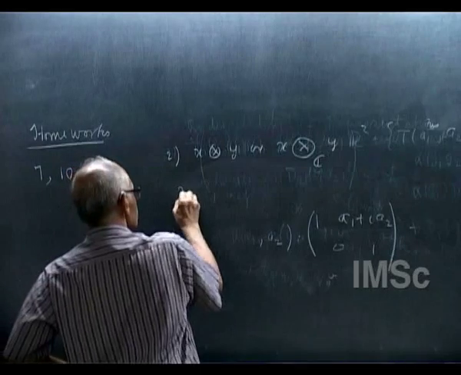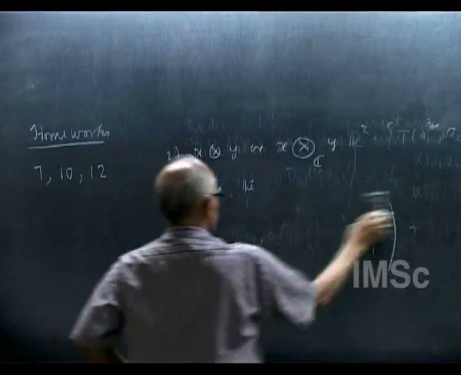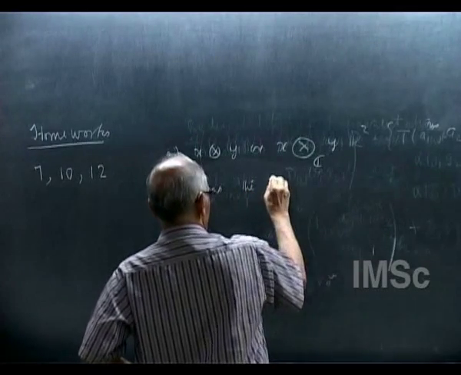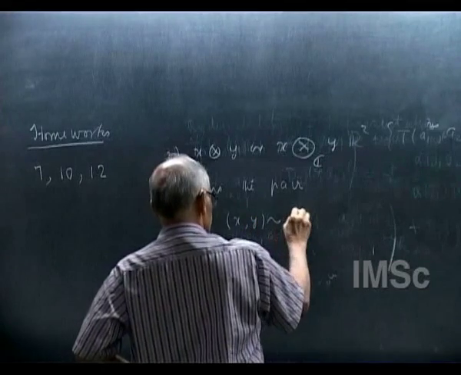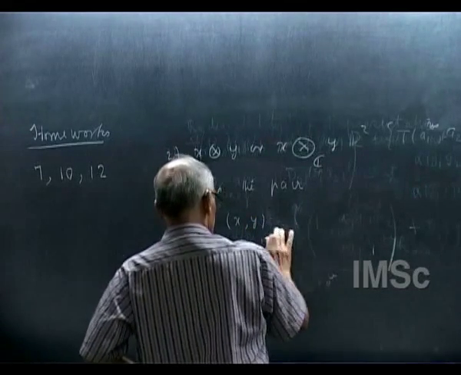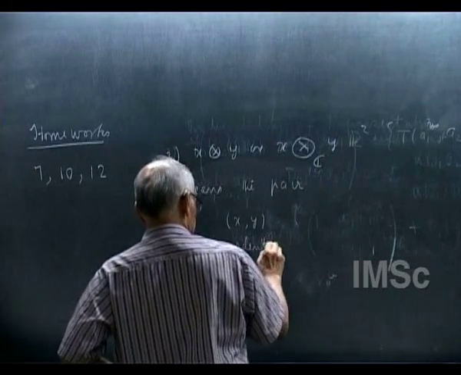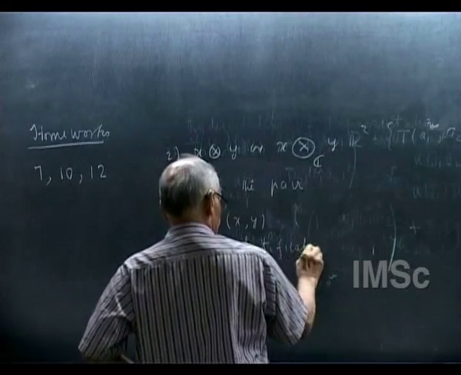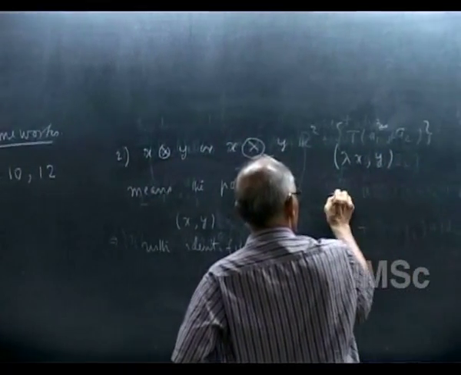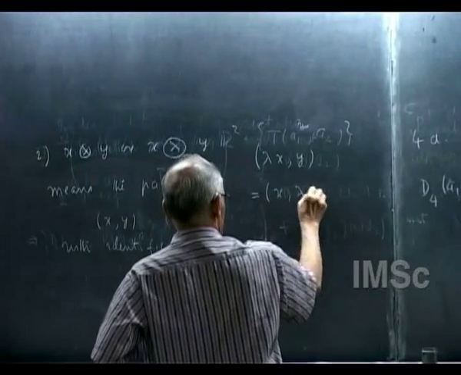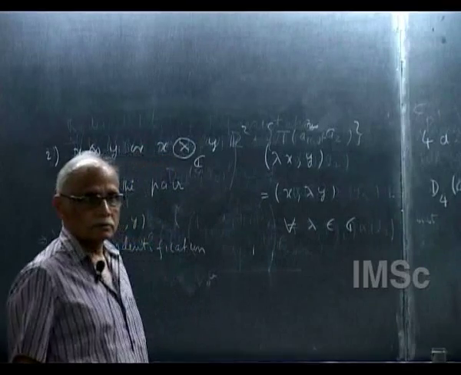It means the pair xy, but you say it is equivalent to, with the identification, lambda x y is x lambda y, for all lambda complex numbers.